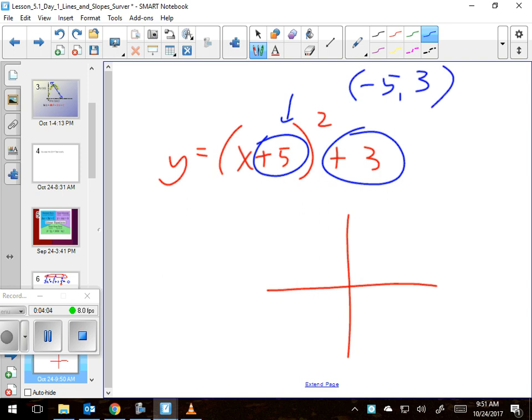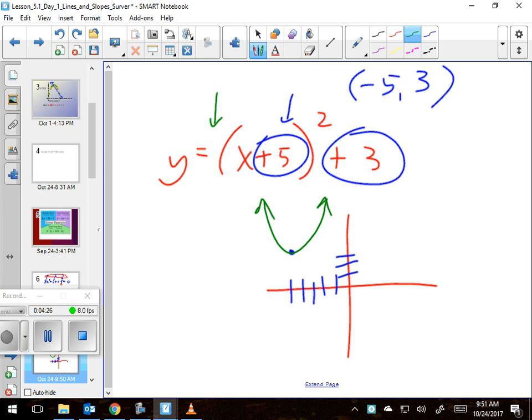So here's where negative 5, comma, 3 would be. That spot's the vertex. And now you can tell just by looking at it whether this is a U shape or a mountain shape. They always start off as a U shape, and then has it been flipped or not? No. So therefore, it's still a U shape. So my parabola would look like this, and that is the lowest spot.